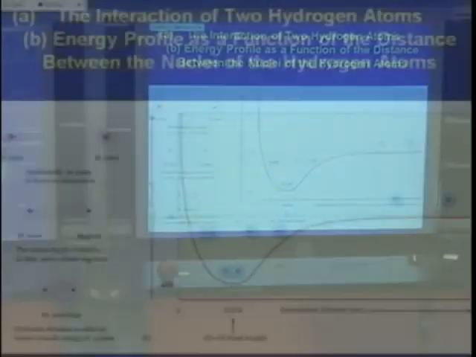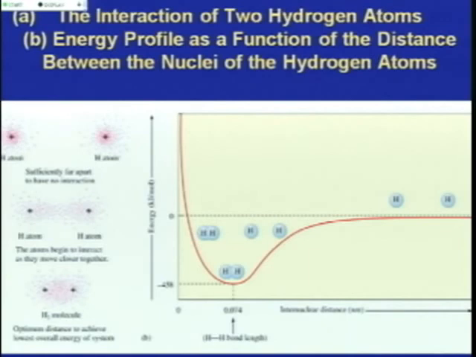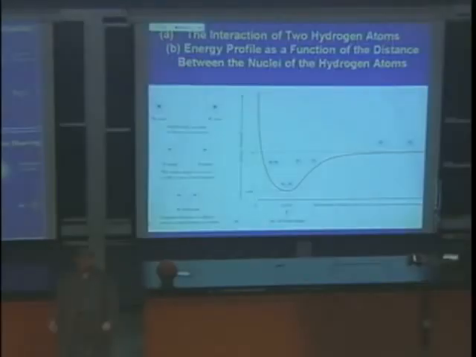Then I increase the energy again, because now the nuclei, their charge really isn't balanced very well anymore, and so they are repulsing each other. And you see, if I bring them as close as possible, the energy goes up and up and up, but it will never be zero because I can't get the nuclei totally together.